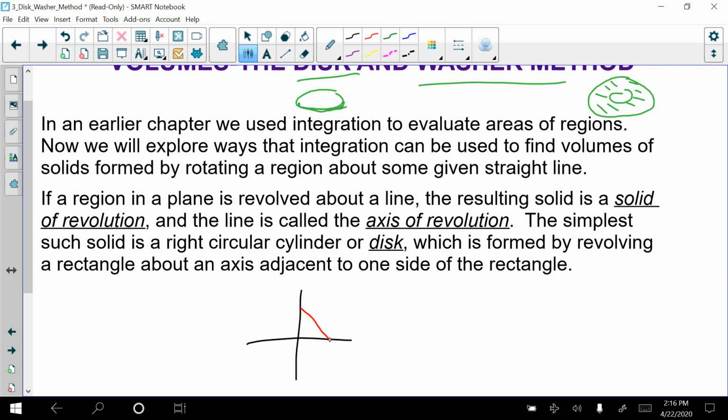Well, if we were to take that line and revolve it around the y-axis, clockwise or counterclockwise, it doesn't really matter, you would get a reflection of the line here, and it would come around like this, and it would essentially make a cone shape as it revolved around. And that's essentially what we're going to be doing. Now, the shapes aren't always going to be cones, but that's probably the simplest shape that we would wind up looking at.